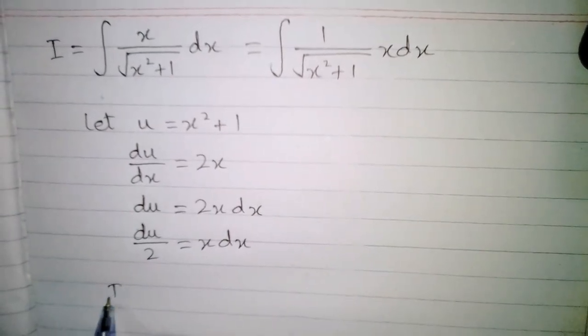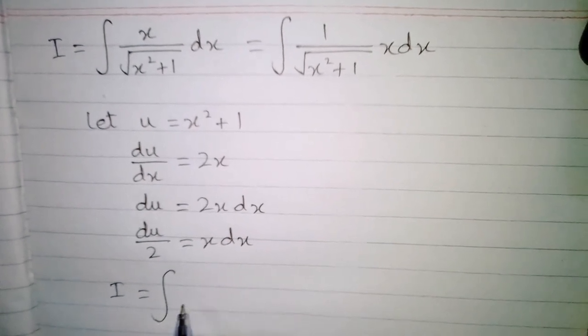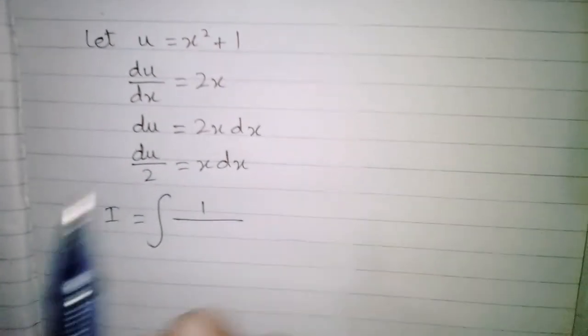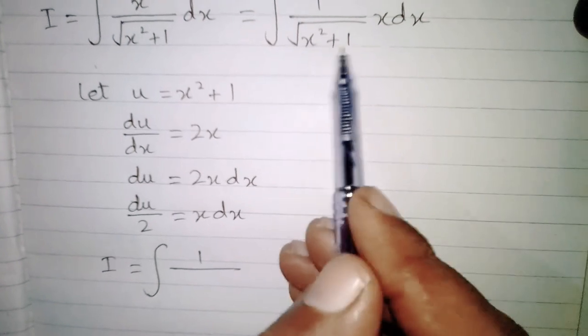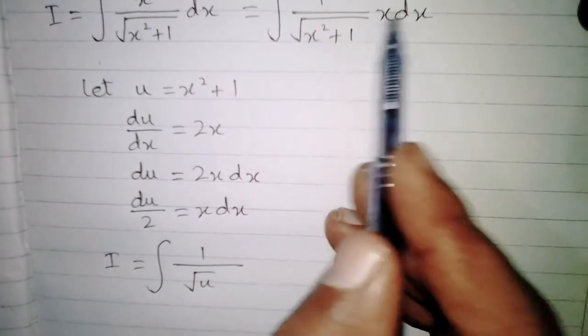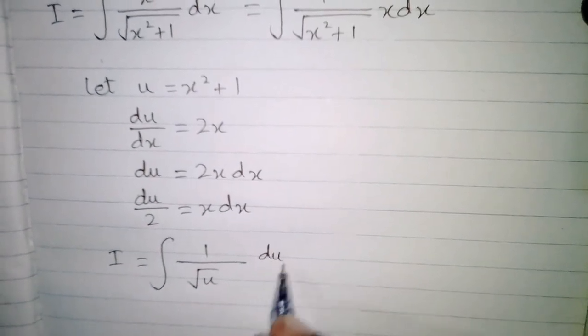So the integral I is equal to integral of 1 upon square root of x square plus 1. In place of x square plus 1 we will put u, and in place of x dx we will put this du upon 2.